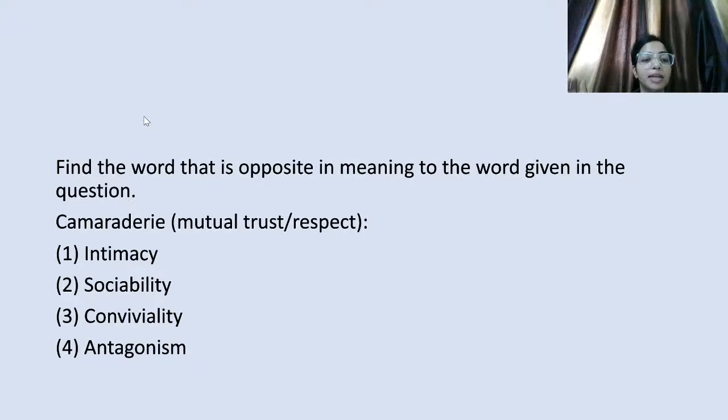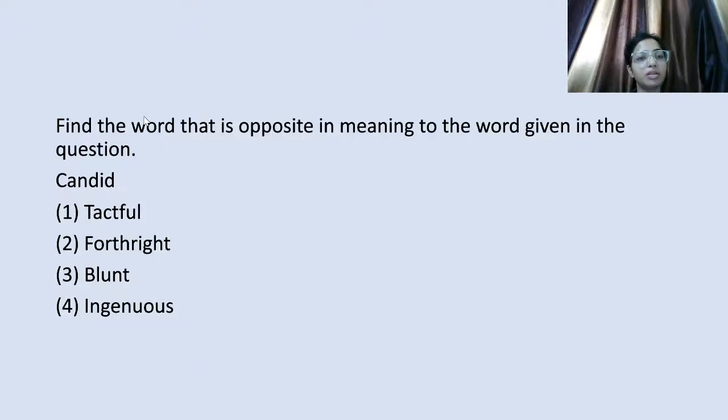Hence, antagonism is the word that is right opposite to the meaning of camaraderie, because intimacy, sociability, and conviviality all mean the same. So we move to the next question.